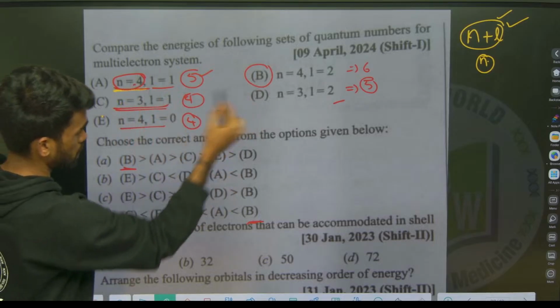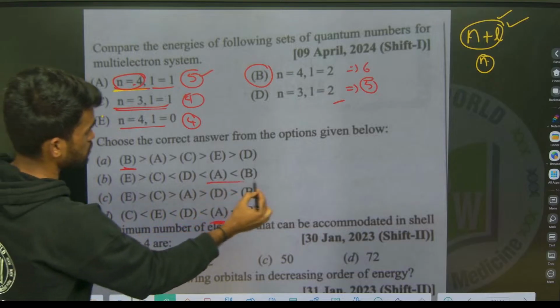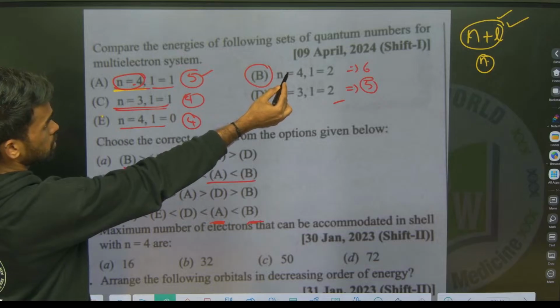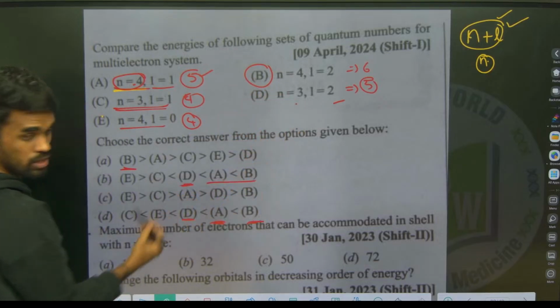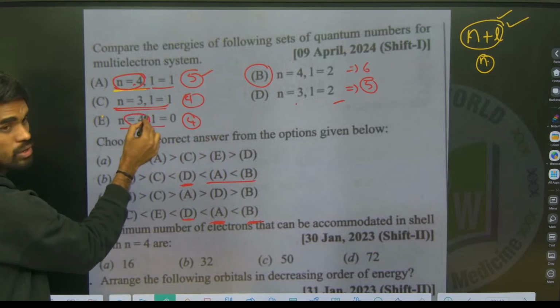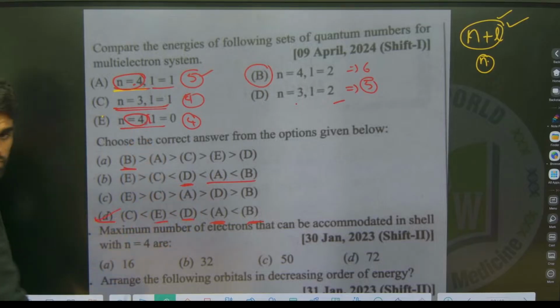So after B, A, and the second option also. After that, 6 over 5. After this, D here, and here also. After that, 4 and 4, but the higher n value I told you, so option E. So option 4 is perfect.